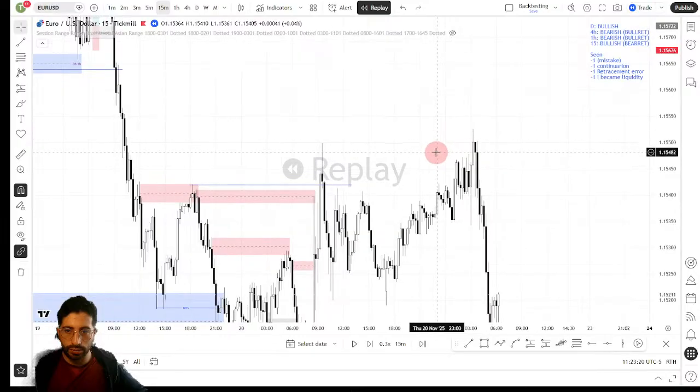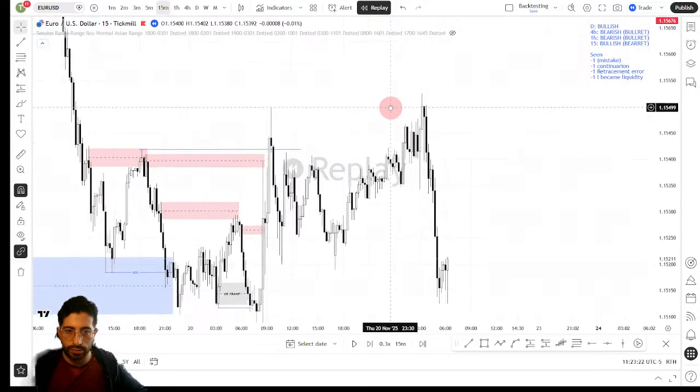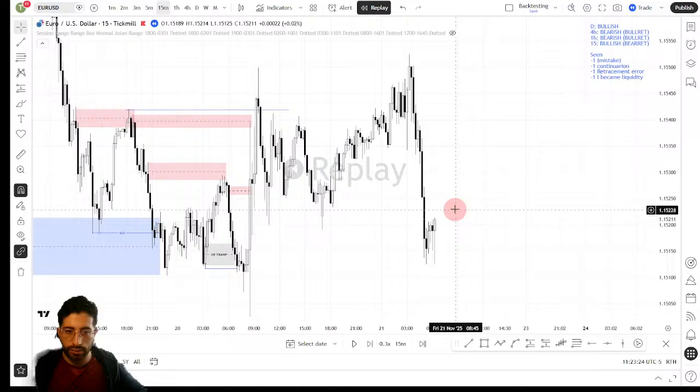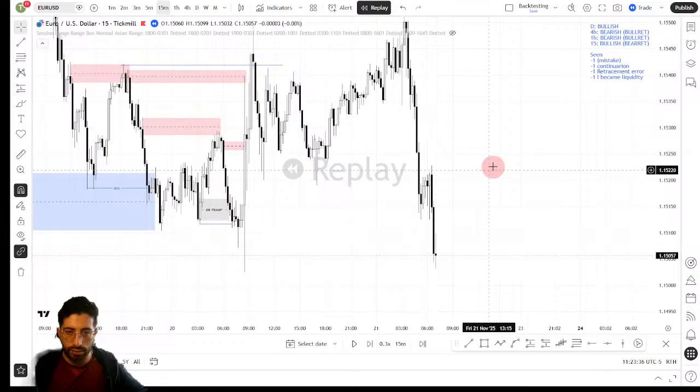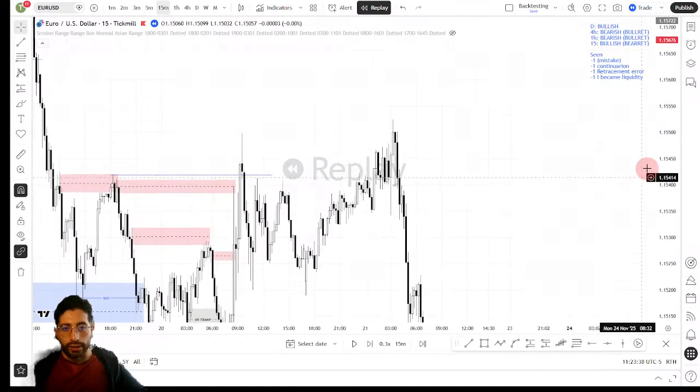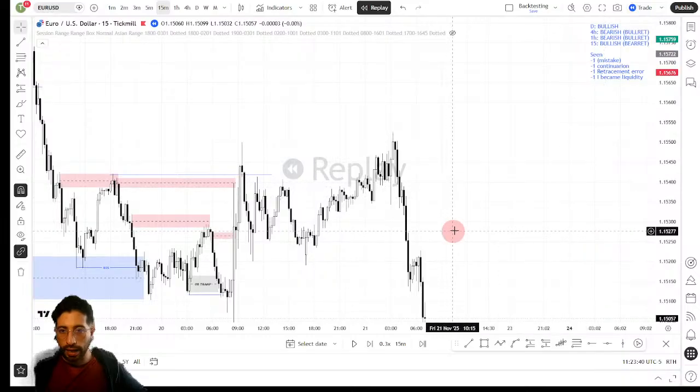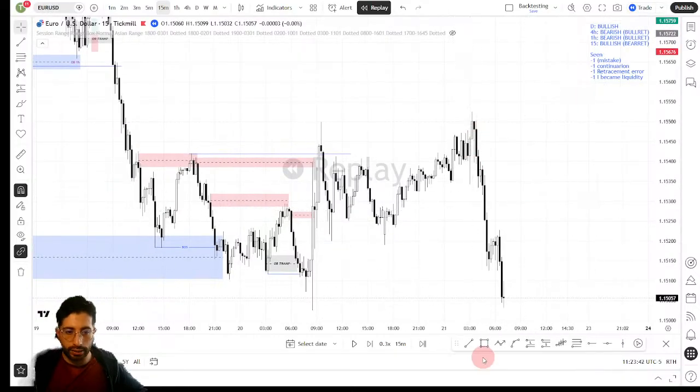This is the order book. Right, here we are. Now, what actually happens? Why did the price react here? Look at this order block.